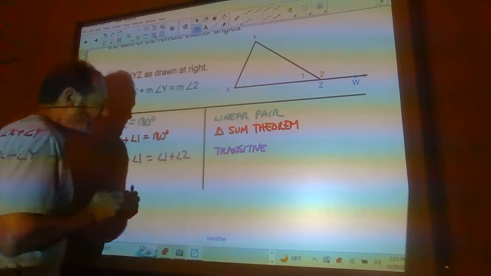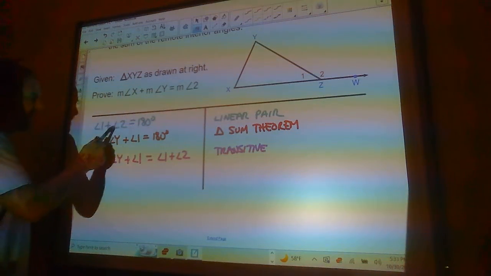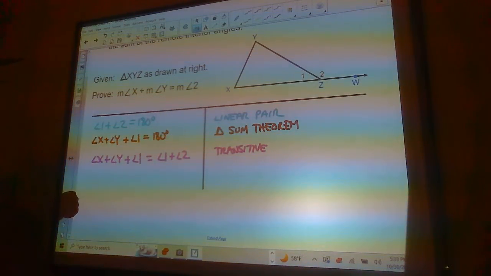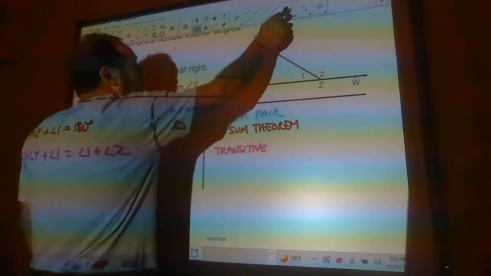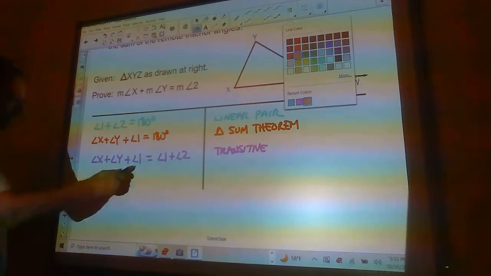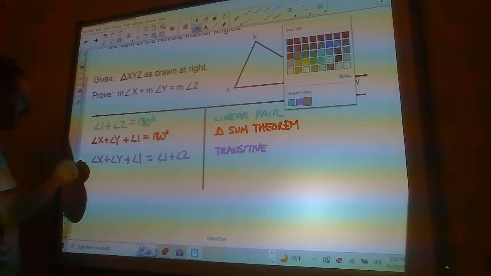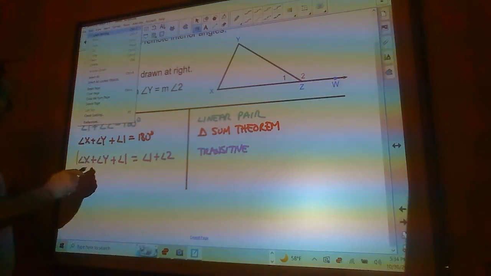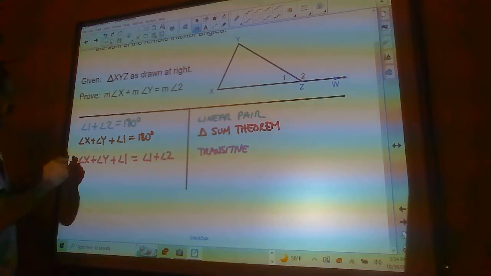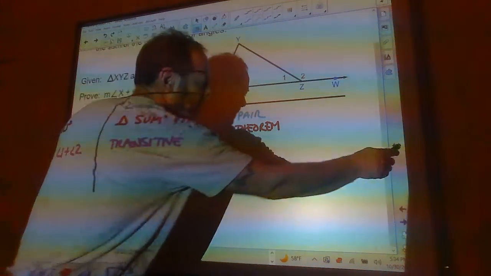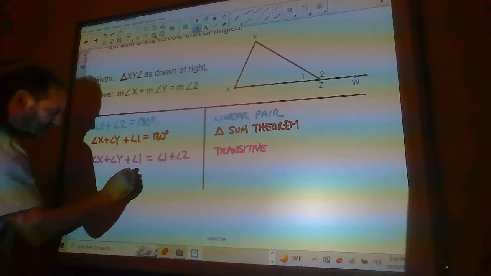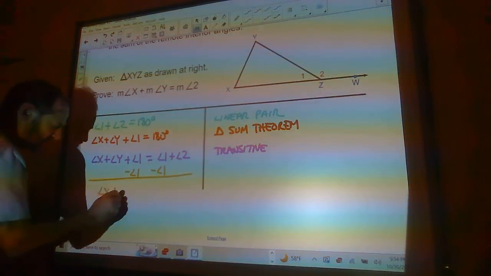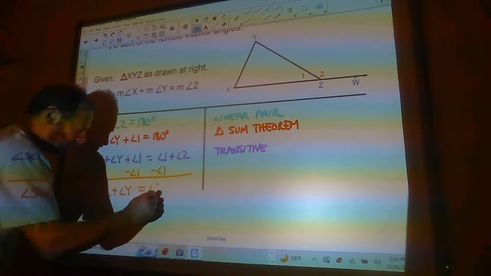This is a really important property in geometry. Remember, it says if A equals B and B equals C, then A and C have to be equal. Here we go. I've got an angle 1 here and an angle 1 right here. I can subtract angle 1 from both sides, and I get angle X plus angle Y is equal to angle 2.